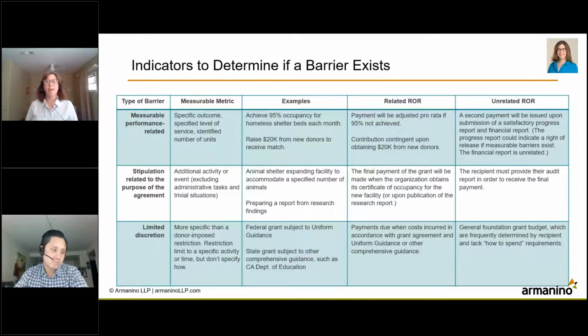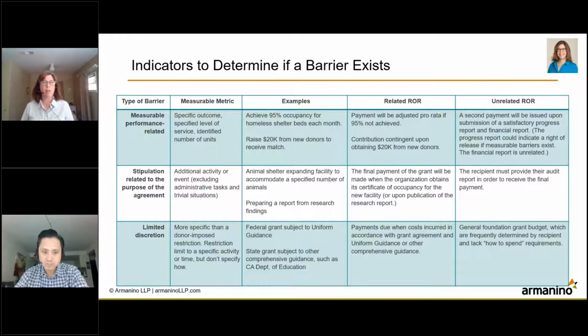Yeah. So in this particular situation, let's say both of these grants have multiple payments involved in them, and they have language in there that says the final payment of the grant will be made when the organization obtains its certificate of occupancy in the new facility for the animal shelter.